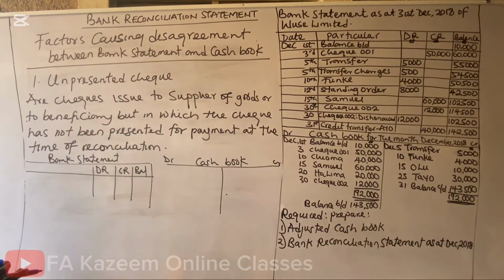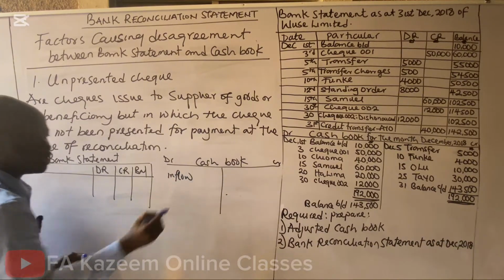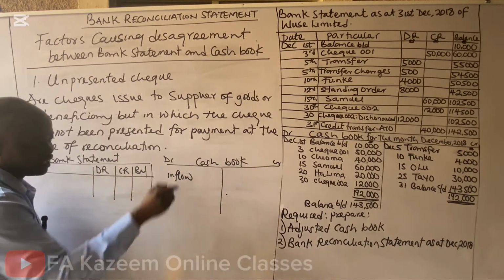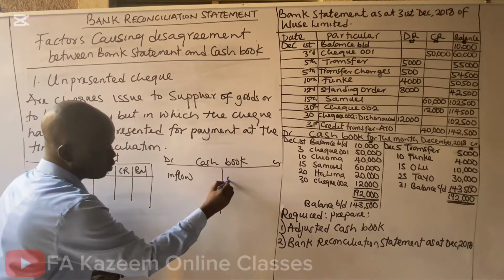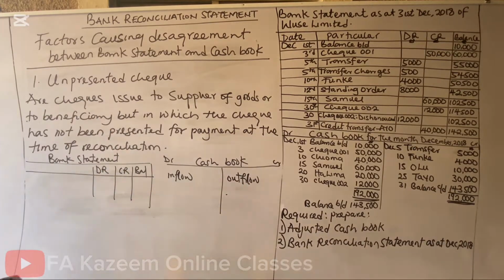How does it work? The debit side of the cash book is for inflow of money into the account of the business, while the credit side is for outflow of money.